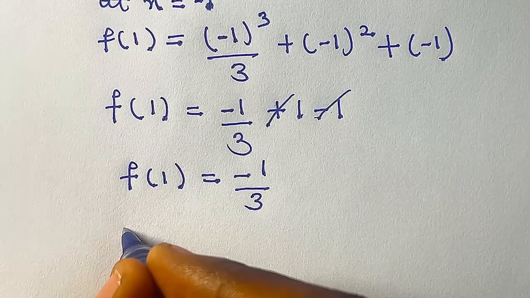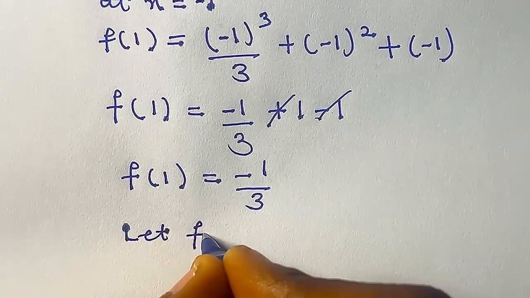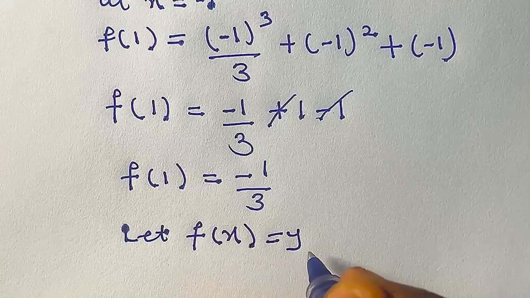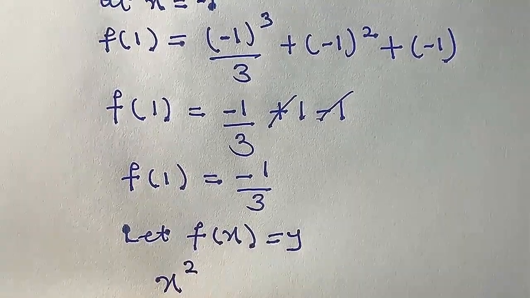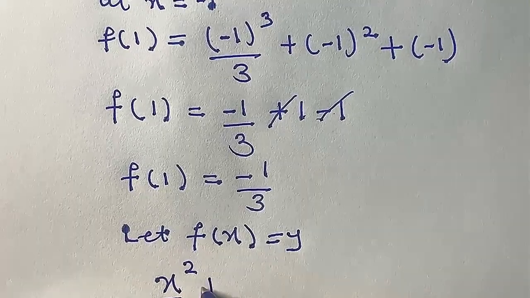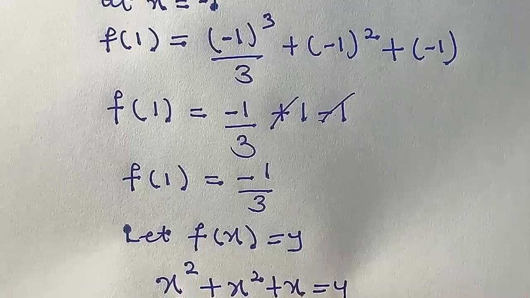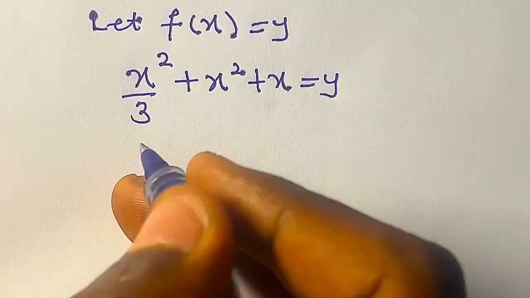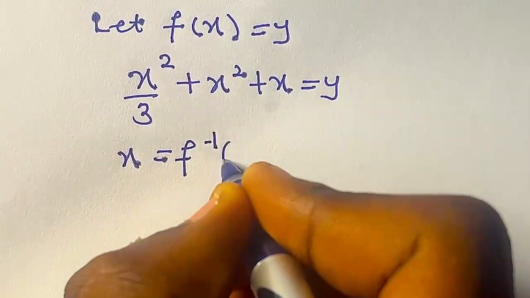To do that, we let f of x equal y. Then x cubed divided by 3 plus x squared plus x equals y, which also means that x equals f inverse of y.